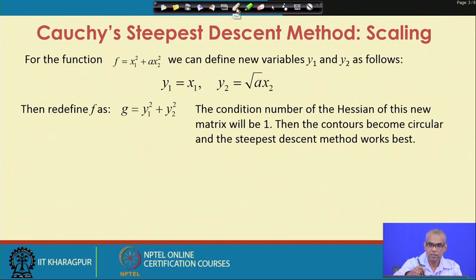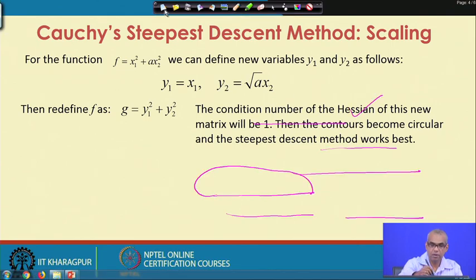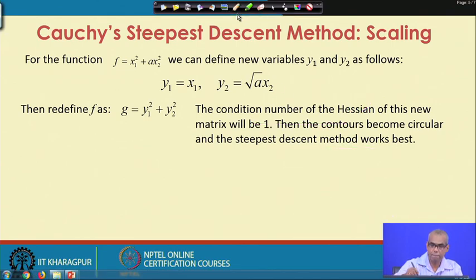Note that if I redefine y1 equal to x1 and y2 equal to root a into x2, then the function f equal to x1 square plus a x2 square can be written as g equal to y1 square plus y2 square.